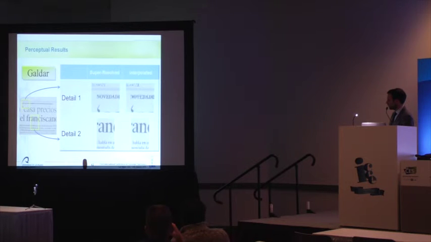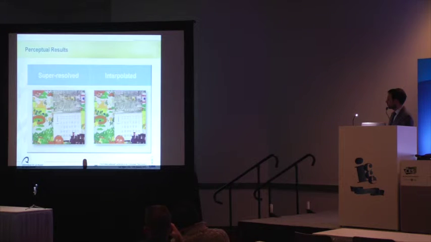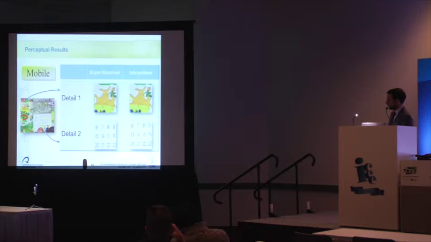Some additional details. This is another sequence, the mobile sequence. We have a local motion in this part of the train, and also the calendar is moving in a vertical way, okay? And we get a good performance on the details of this part of the figure, as you can see here, and also in the numbers of the calendar.